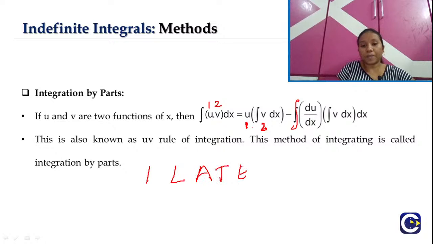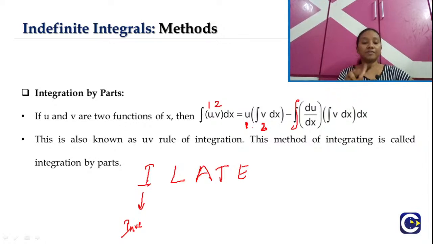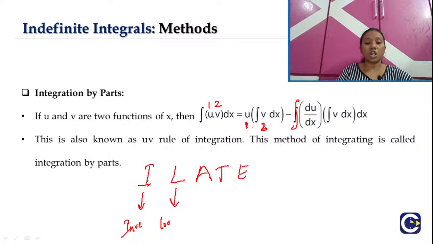My priority will be based upon this ILATE. I here indicates inverse trigonometric functions. So if amongst u and v an inverse trigonometric function is given, then I assume that inverse trigonometric function is the first function. The second priority goes to L, that is logarithmic function, right?